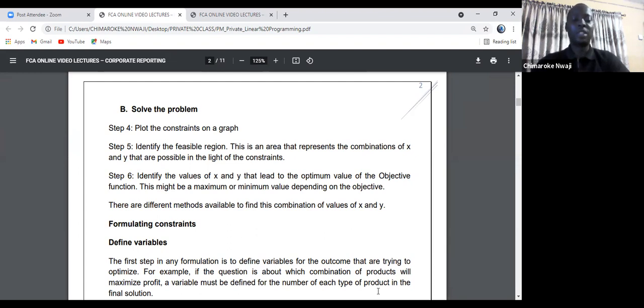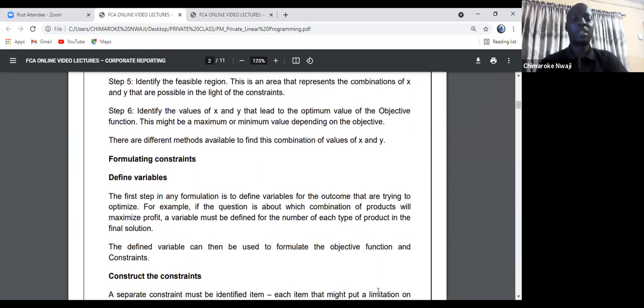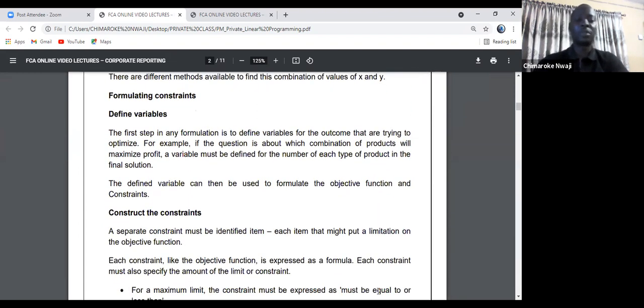Formulating constraints. First of all, define variables. The first step in formulation of any problem in linear programming is to define the variables for the outcome that you are trying to optimize. For example, if the equation is about which combination of products will maximize profit, a variable must be defined for the number of each type of product in the final solution.